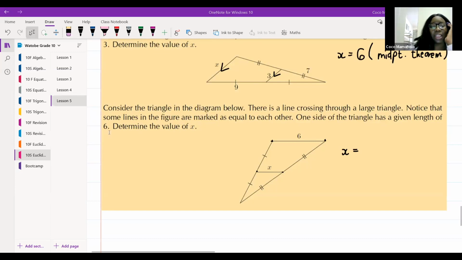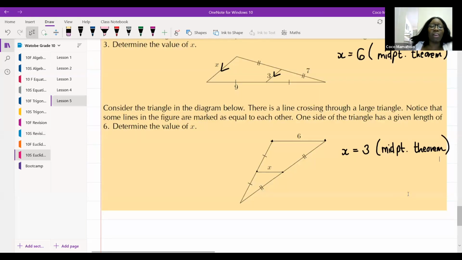Oh, I think that's what Tiana was trying to show me. I was confused, I was like, how can it be? But it's okay, I get it now. That was my mistake. Okay, good. So in this question, x will equal 3, and for the exact same reason, because of the midpoint theorem.